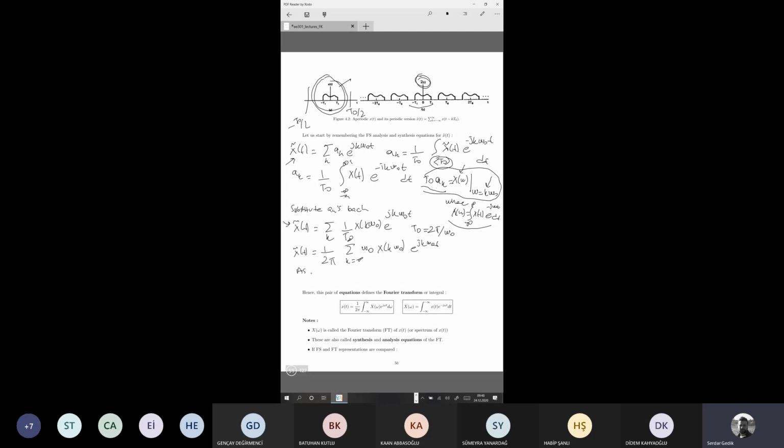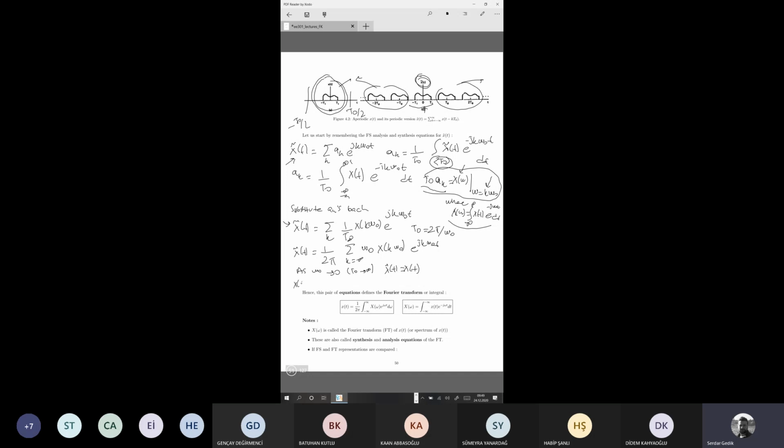As omega 0 goes to 0, in other words, T0 goes to infinity, I have x tilde of t equal to x of t, just as in the previous discussion. So these parts are going to infinity, and x tilde of t is only left with this single shape here, which is x of t.